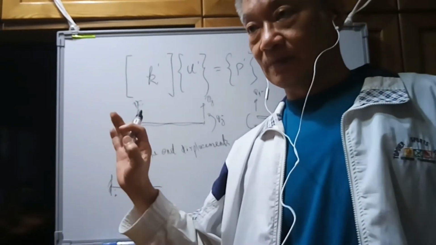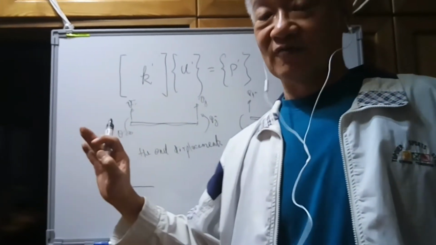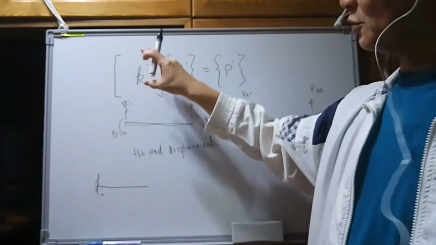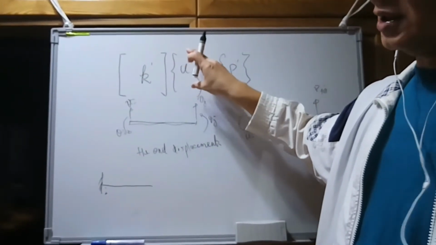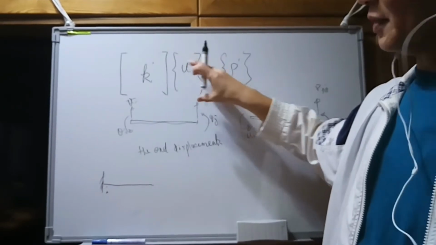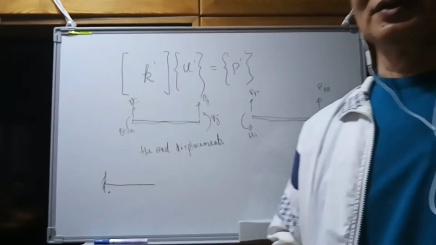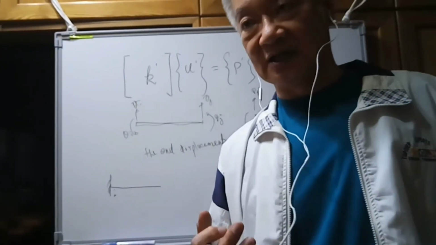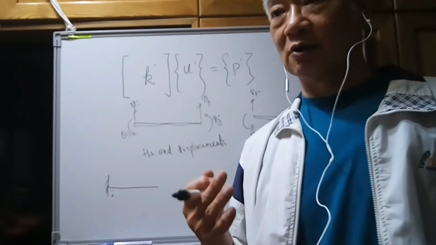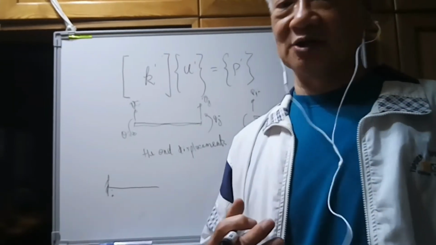So you will find the 4 by 2 matrix multiplied by the two non-zero nodal displacements gives you the end force, no matter whether the member end forces are the external loads or the reactions.